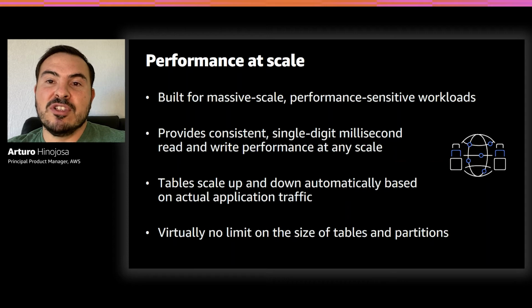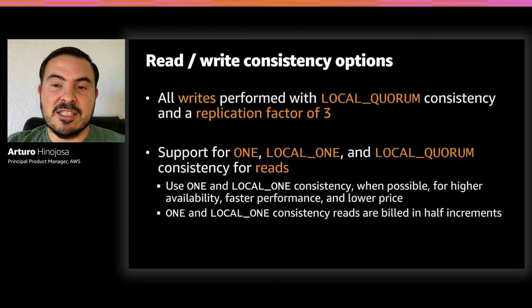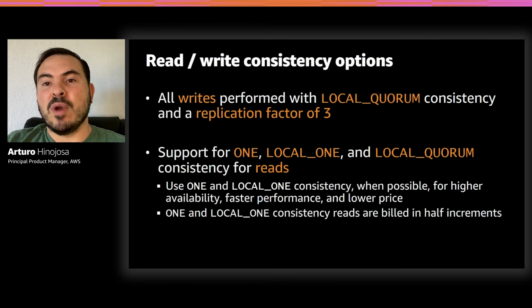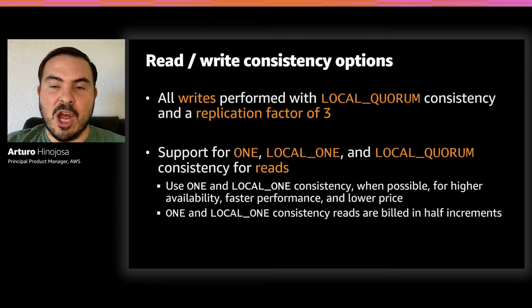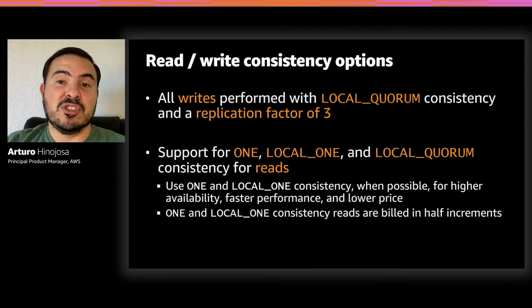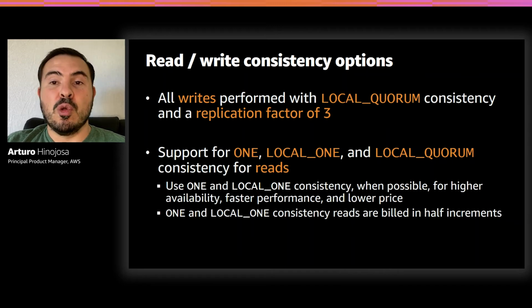Keyspaces also offers a couple options for read and write consistency. So for durability reasons, all writes use local quorum consistency. That's sort of the default and the only option. The data is automatically replicated 3 times across multiple AZs. But for reads, we actually do offer 2 choices. So you either can use one or local one consistency, or you can use local quorum consistency.